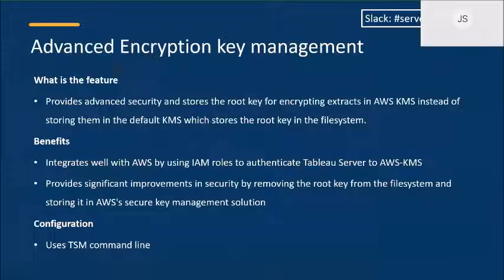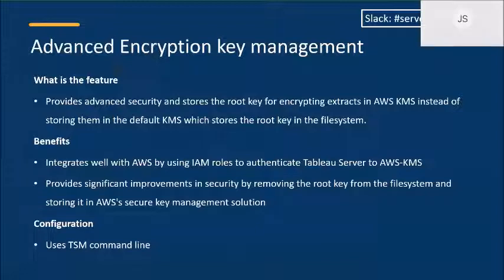With the default key management that you get with the basic encryption of extracts at rest, we have a local KMS that is automatically configured and is part of the basic install.